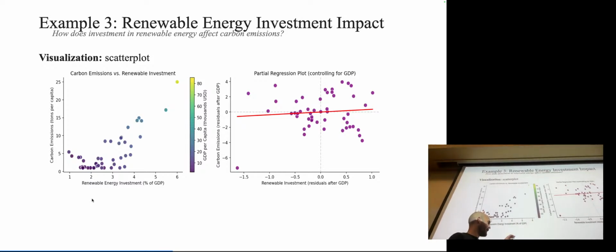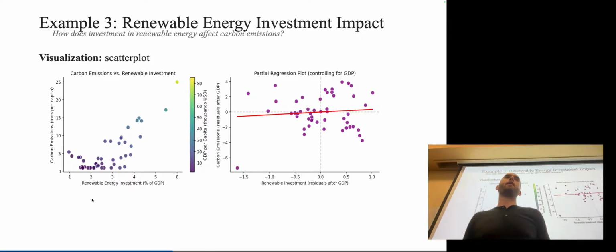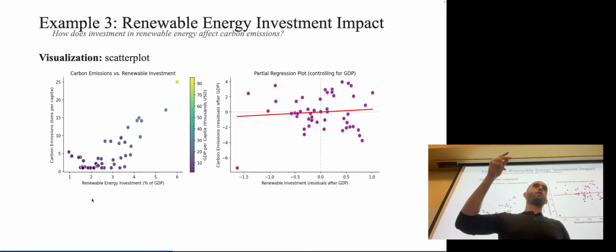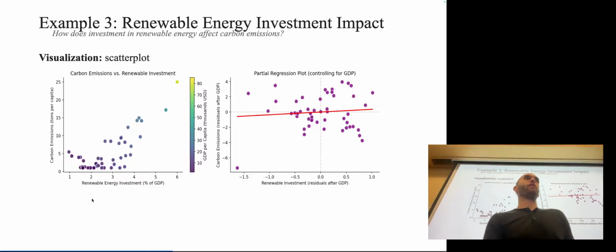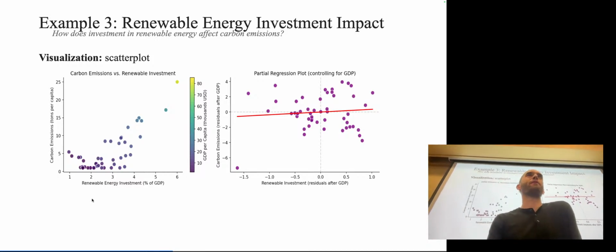Then we have a beta 1 on renewable energy investment as a percentage of GDP. But then we have a beta 2, which allows us to control for GDP per capita. So this compares 2 countries with the same level of income per capita, or GDP per capita. So we're comparing the same wealth countries to each other. A terrible sentence, but you get the point.